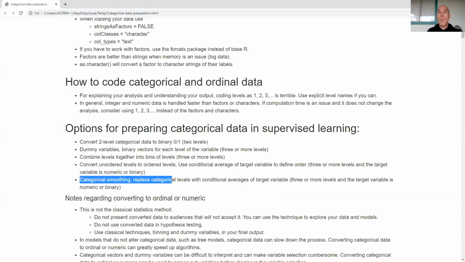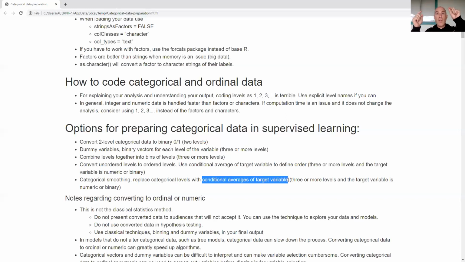Here, I'm actually going to get rid of my categorical vector, and I'm going to replace each level with the conditional average of the target variable. So I'm taking that column, and at each level, I replace it with the conditional average for that level of the target variable.